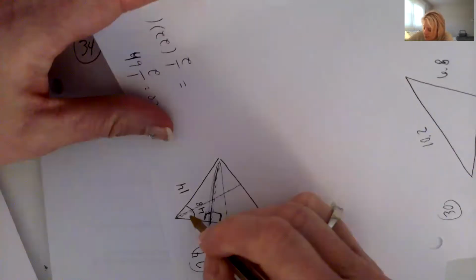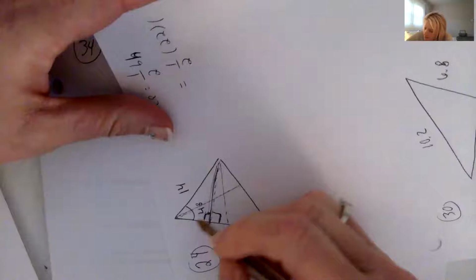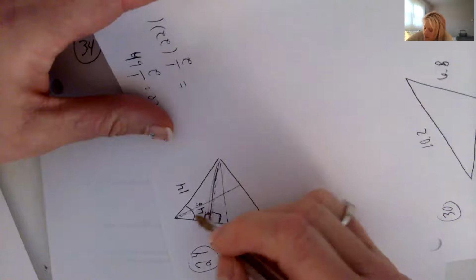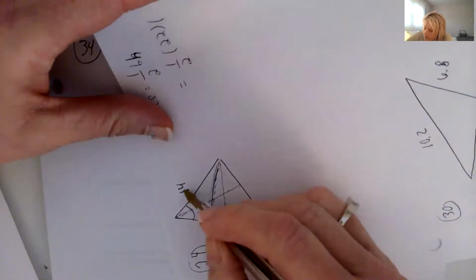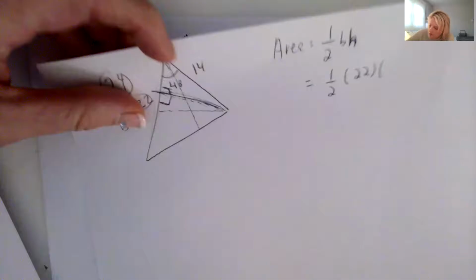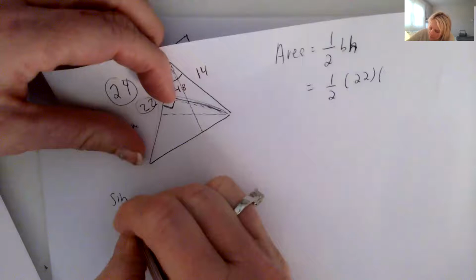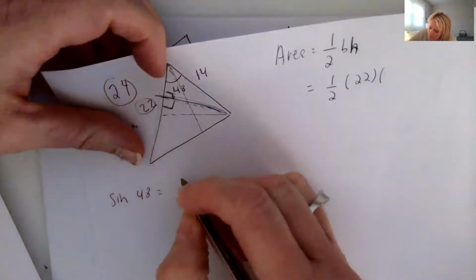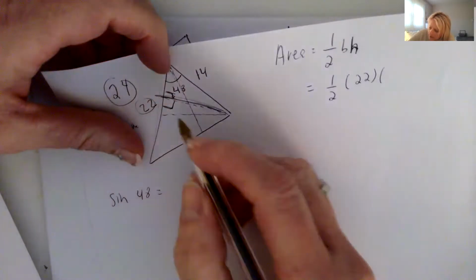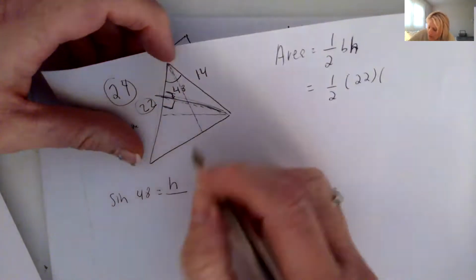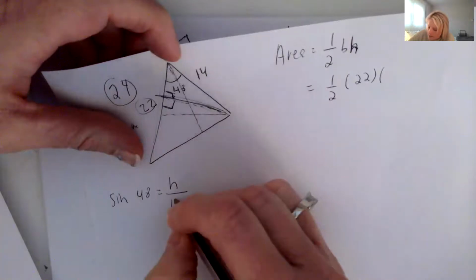So we have 48 and 14. We could do the sine, because sine is the opposite over the hypotenuse. So the sine of 48 is equal to the height over the hypotenuse of 14.